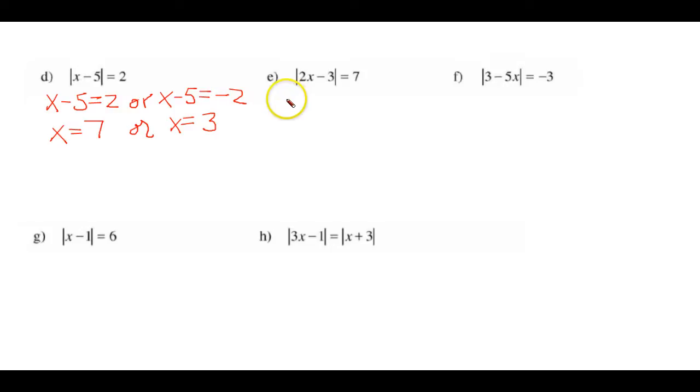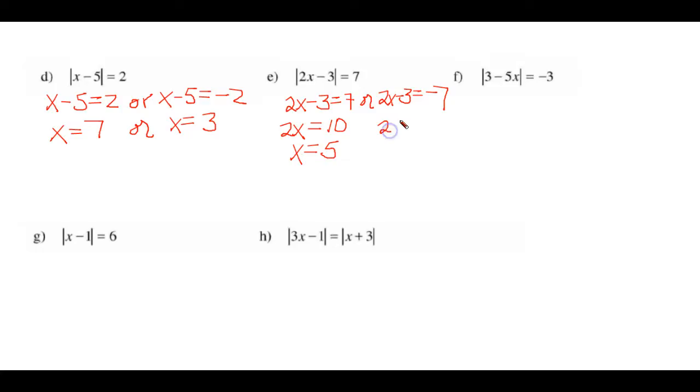All right, this one, 2x minus 3 equals 7, or 2x minus 3 equals a negative 7. So in solving this, this becomes 2x equals transpose 10, x equals 5. When we transpose this, it becomes a positive 3.